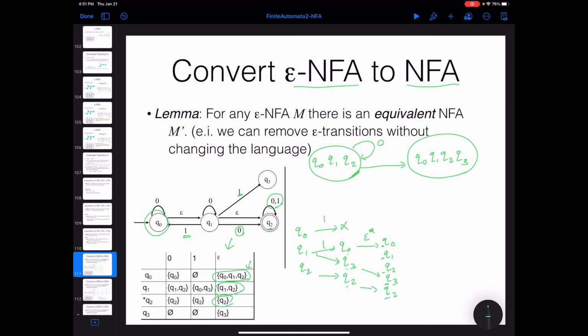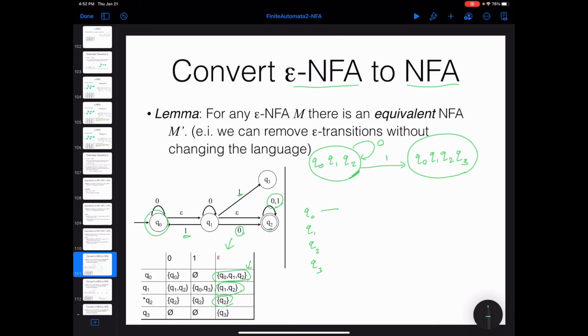Now I need to count all of the transitions for this new state. Let me erase this one. Okay, so if I am at Q0, Q1, Q2, Q3, sorry, let me label this transition.